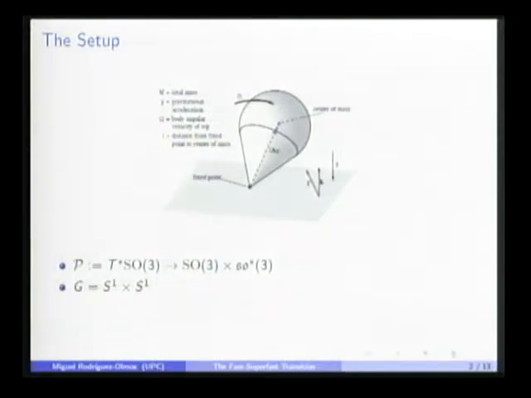Then there is a right symmetry, acting on the right of SO(3), which is this second S1, and which appears because of the symmetry of this rigid body. This is the Lagrange top. The Hamiltonian can be written in this way, where in the inertia tensor you see that there are two equal moments of inertia, meaning that this body is axisymmetric.